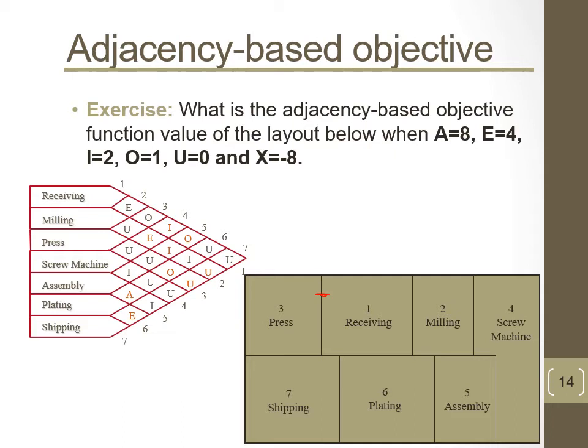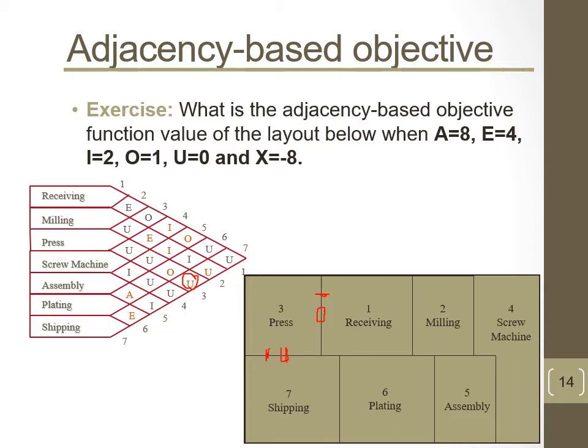This is 1 and this is 3. Sorry, the intersection is O. So there's an O relationship, so we can write O here. Similarly, department 3 and 7 share a common border, so they are adjacent, and 3 and 7 have a U relationship, so we can write a U here.